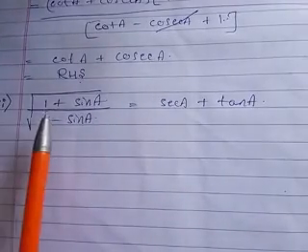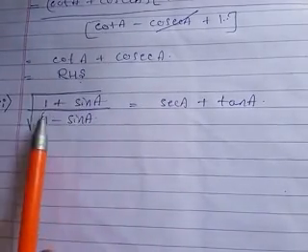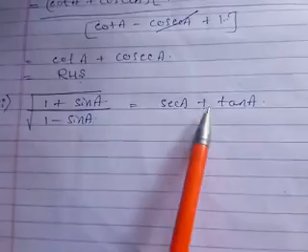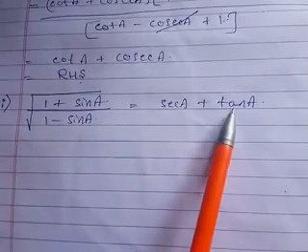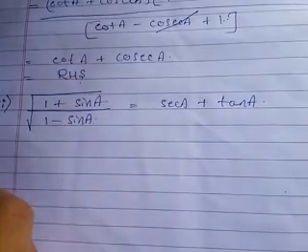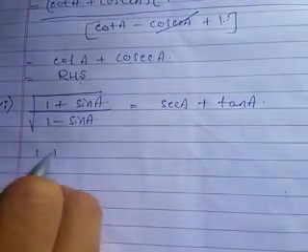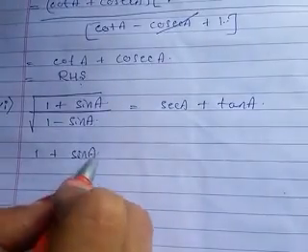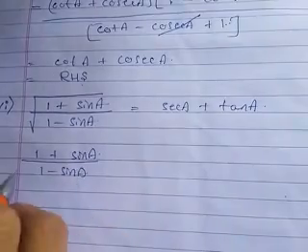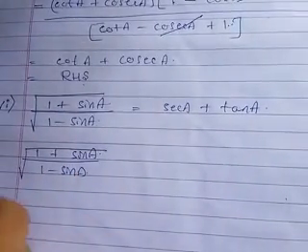Question number 6. Root of (1 plus sin A divided by 1 minus sin A) equal to sec A plus tan A. LHS equal to RHS. Now let us start the proof with LHS: root of (1 plus sin A divided by 1 minus sin A).